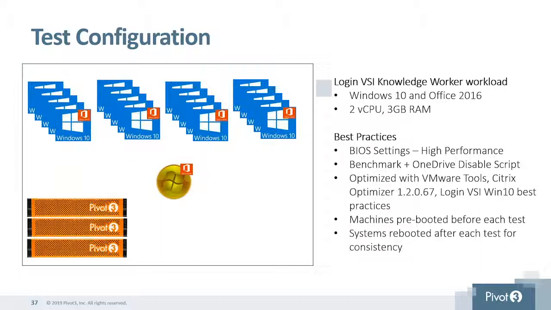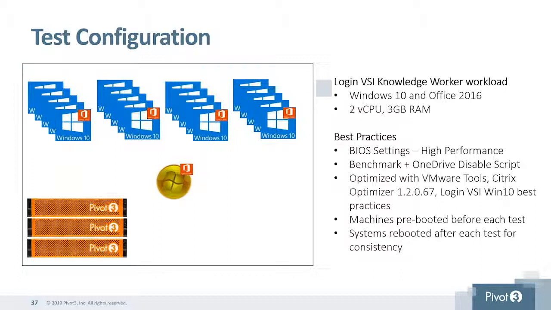But the VM settings are 2 CPUs, 3 gigabytes of RAM, and then the typical step for setting up your servers physically is to set the BIOS settings to high performance. Those are the defaults in our HCI nodes. Anyway, the benchmark and OneDrive disable script were run, optimized with VMware tools in the gold image.